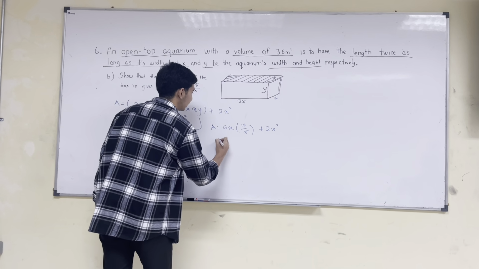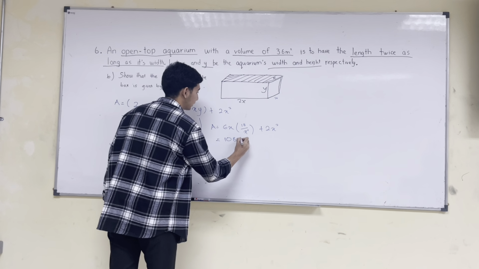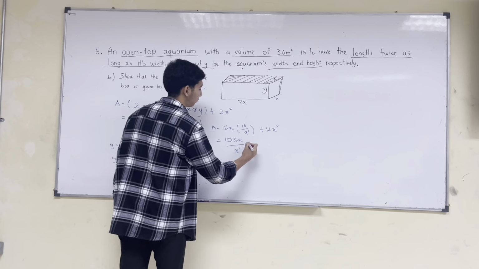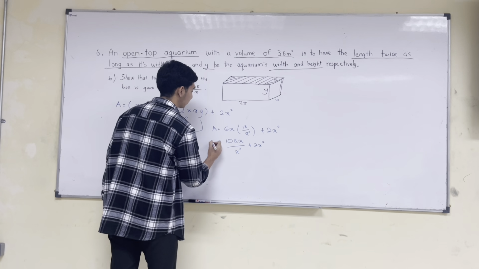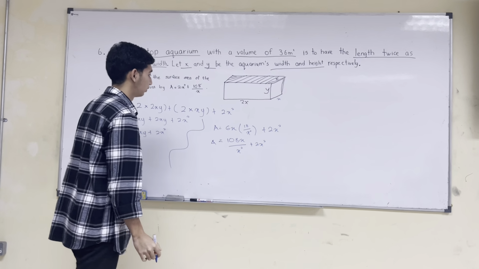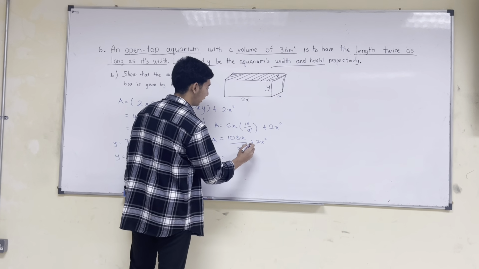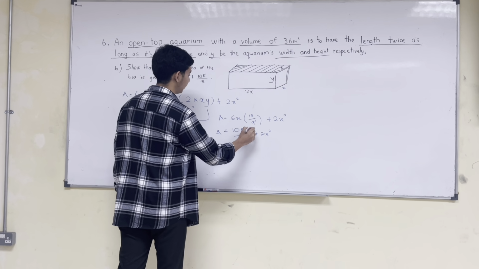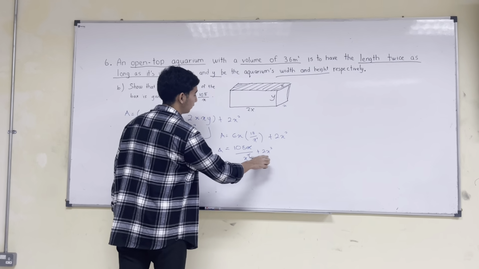When we calculate this, we get 108x over x squared plus 2x squared. So we can write it as 108 over x plus 2x squared.